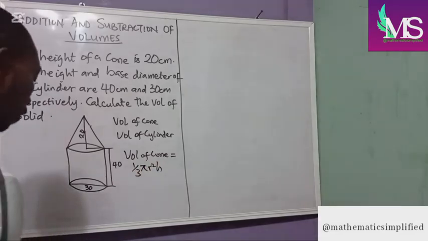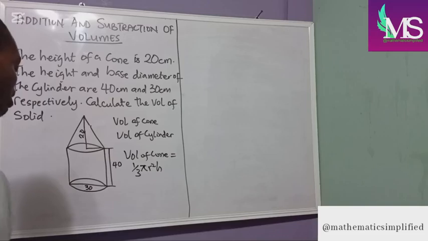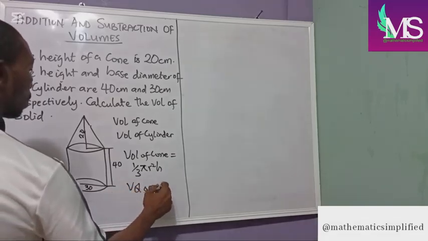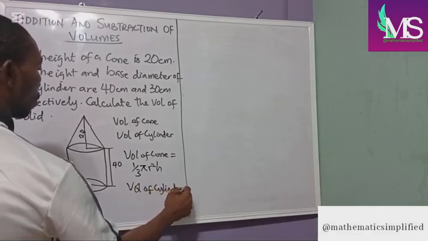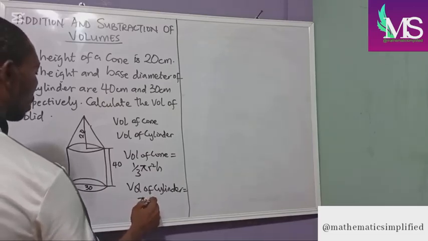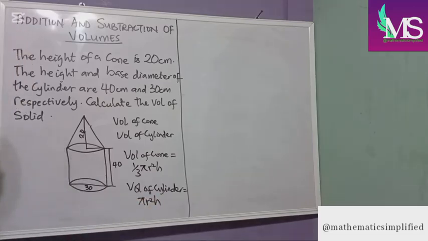Okay, that's for our volume of cone. Now, for the volume of a cylinder, we are having it as pi r squared h. That's for our volume of cylinder.